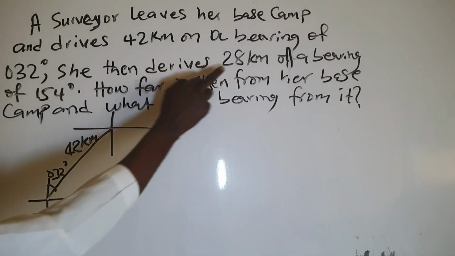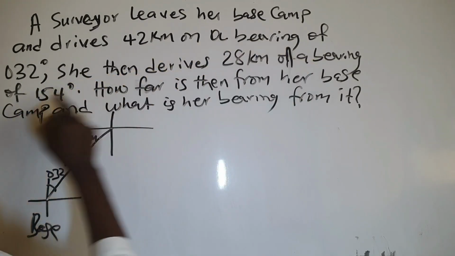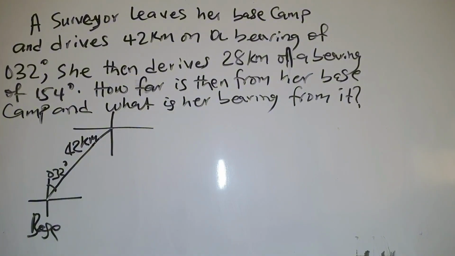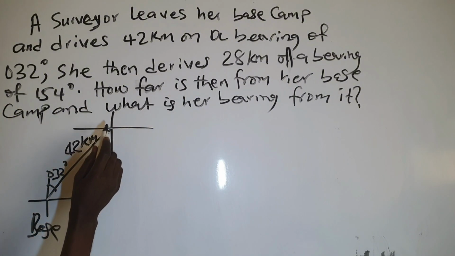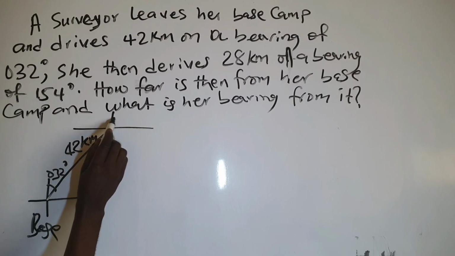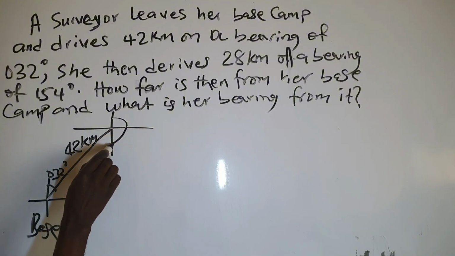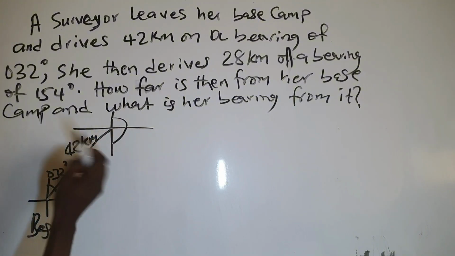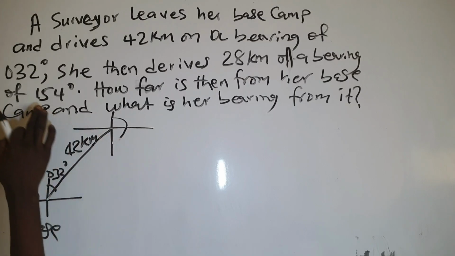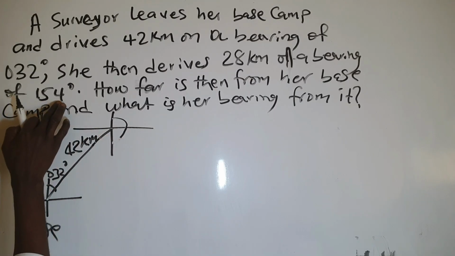She then drives 28 kilometers on a bearing of 154. She now changes direction on a bearing of 154. From our north side to east, 90. To south, 180. Okay, now we don't need up to 180, we need 154, okay?